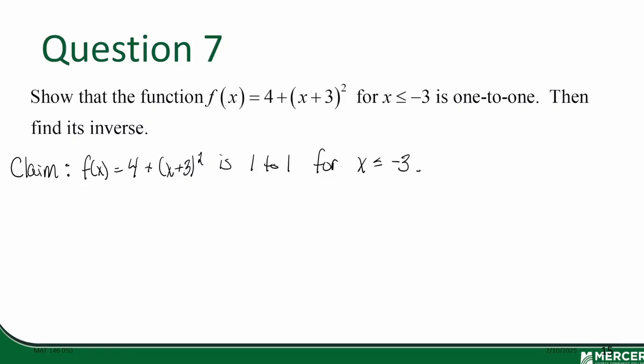So our claim is that this function is 1 to 1 for x less than or equal to -3. It's never good enough just to claim something. You always have to support your claim. And so let's prove it.